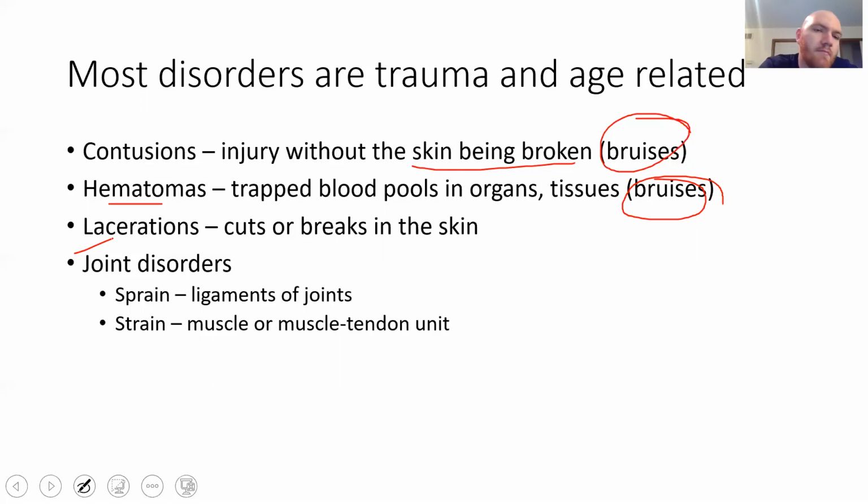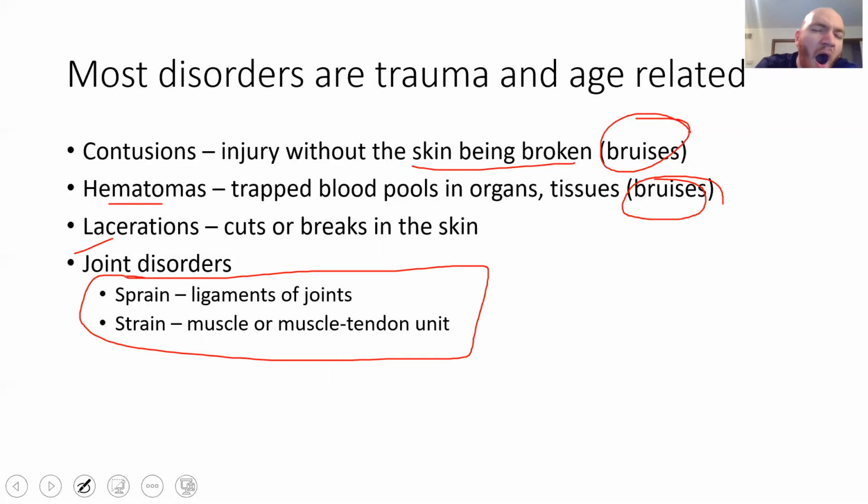The two primary joint disorders are sprains and strains. A sprain is an injury to the ligaments of joints, and a strain is an injury to the muscle, either the muscle or the muscle tendon unit.